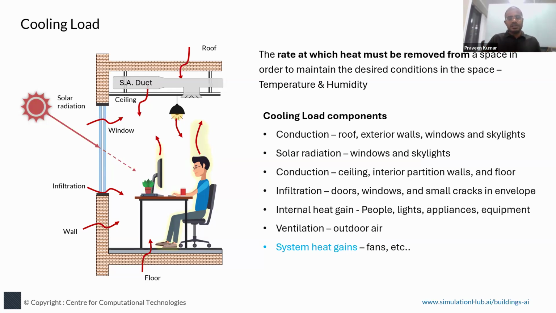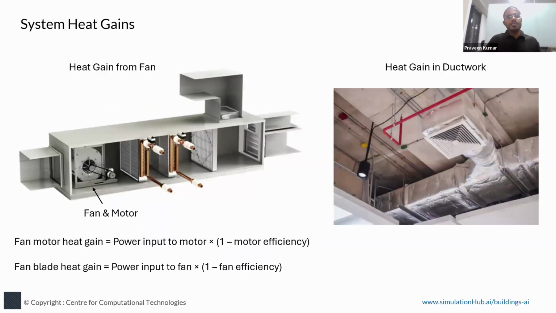System heat gain we'll see in detail because that is relevant to the current topic. Under system heat gains, there could be multiple things, and I'm specifically focusing on some examples. For example, heat gain from a fan and motor in your HVAC system.